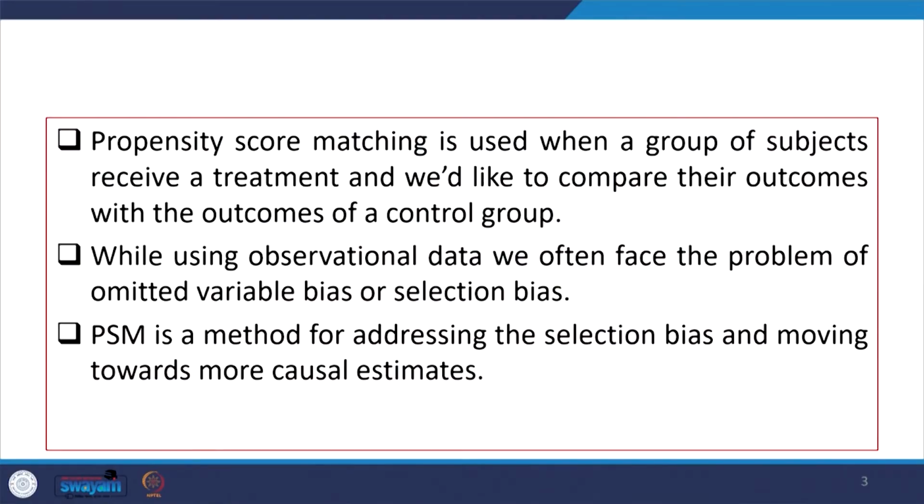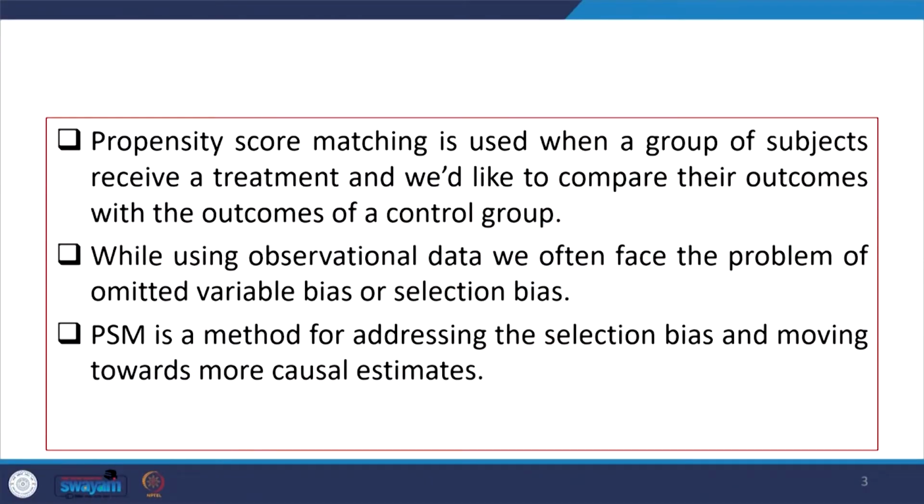Propensity score matching is used when a group of subjects receives a treatment and we would like to compare their outcomes with the outcomes of a control group. While using observational data, we often face the problem of omitted variable bias or selection bias. So, either by selection we are omitting variables, or the variables are omitted for some reason, and that may create bias in the model.